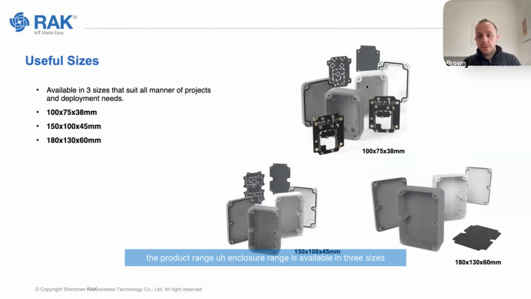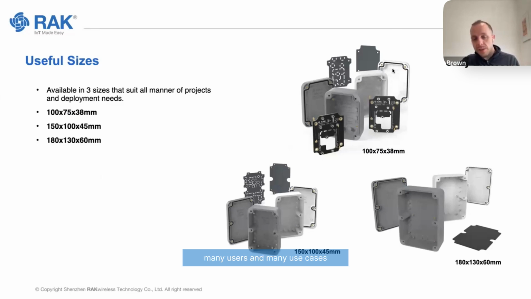The enclosure range is available in 3 sizes. Talking about the long edge of the product, it's 100 millimeters, 150, or 180. Again, I'll show them later in the video. So there are 3 convenient sizes, very useful for many customers, users, and use cases. The very small enclosure is very common for end devices like simple sensors.